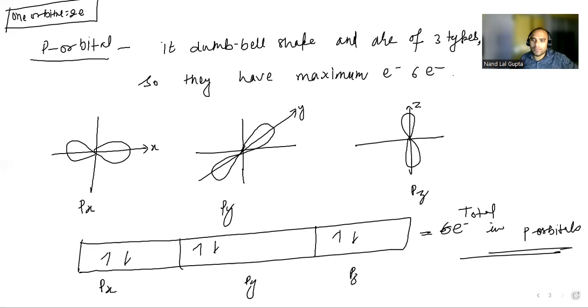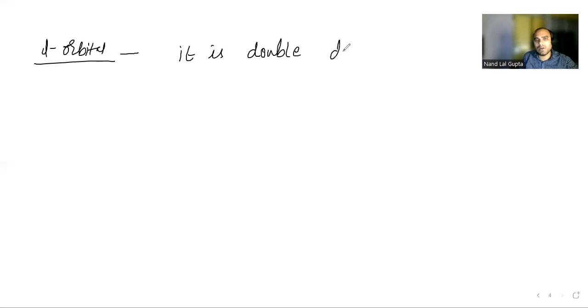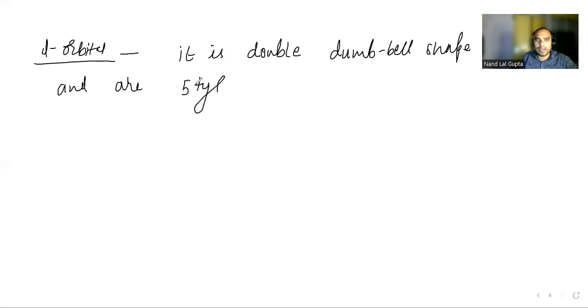Okay, now we are going for the d orbital. If you talk about the d orbital, it is a double dumbbell shape. There are 5 types, and they have a maximum of 10 electrons.